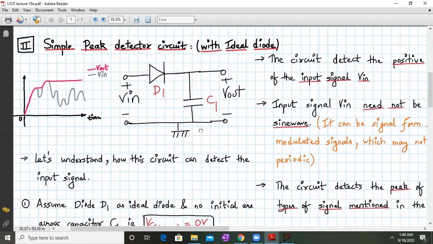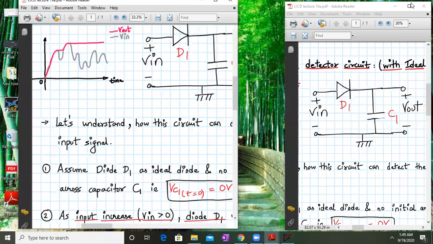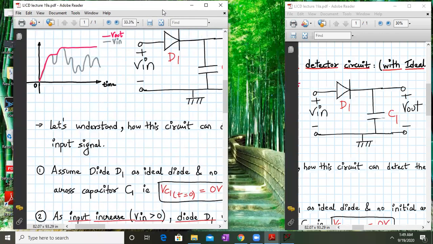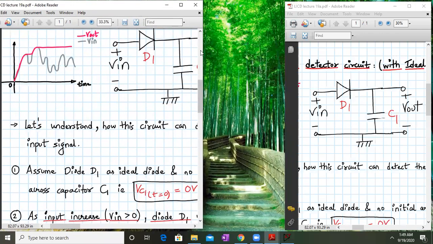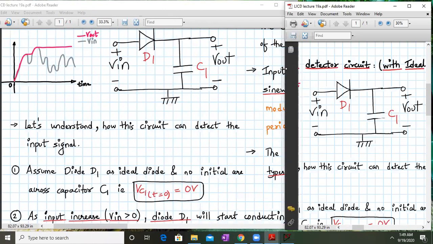Fine. So let us understand how this circuit can detect the peak of the input signal. So let me just reduce this and keep the diagram open all the time, and I'll explain from this PDF. Okay, so refer to the circuit on your right hand side.